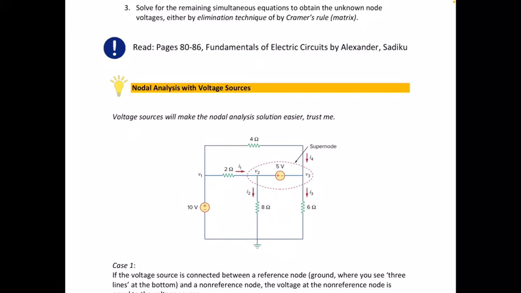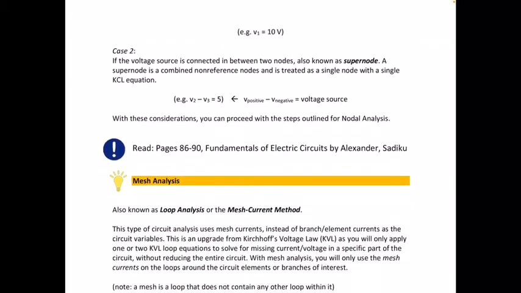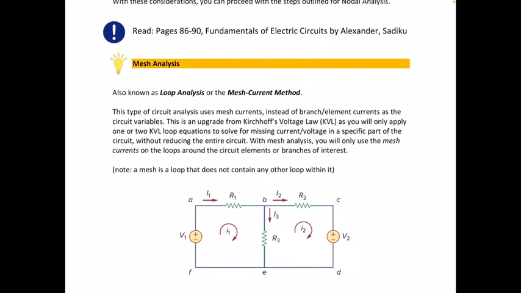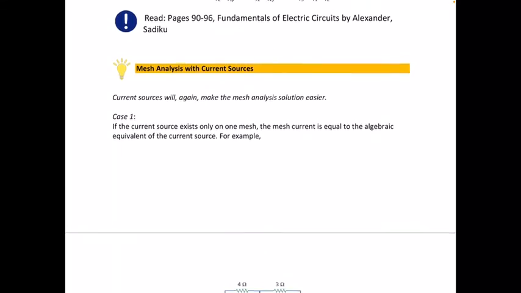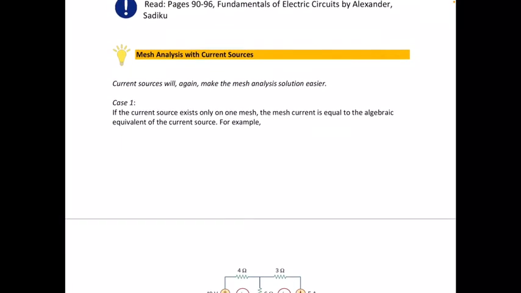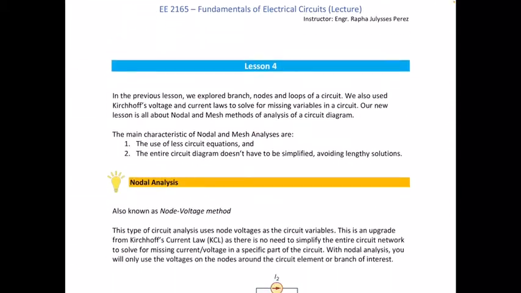So our approach to the problem solving process would be quite different, but not a very big difference. The third one would be mesh analysis, and the fourth one would be mesh analysis with current sources. So once again, this is a four-part lesson.